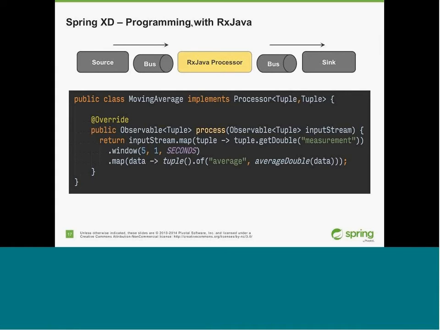Spring XD's job is supporting this processor model, but also connecting it to the bus. So what happens is that the data from a Kafka partition is converted by the bus integration in Spring XD, transparently, to an observable that is passed to the processor, and then the data emitted by the processor to the output observable is again transparently sent to Kafka. So again, this is the other end where the integration takes place.